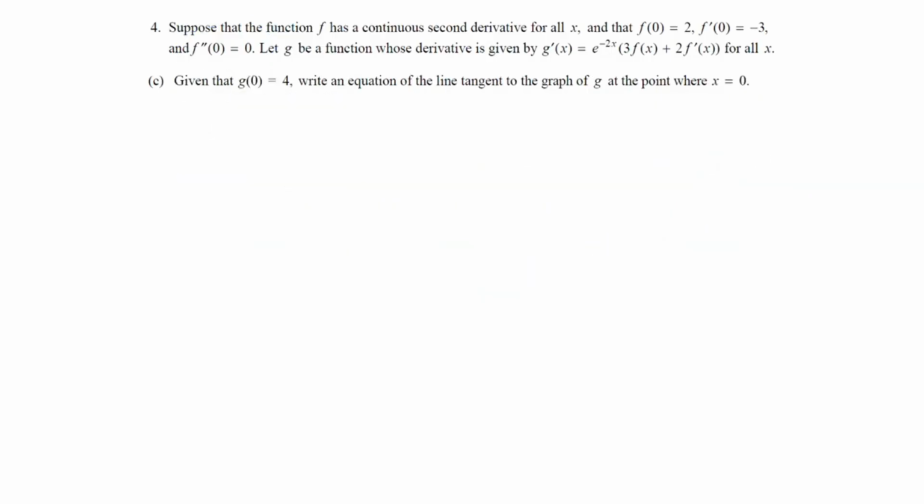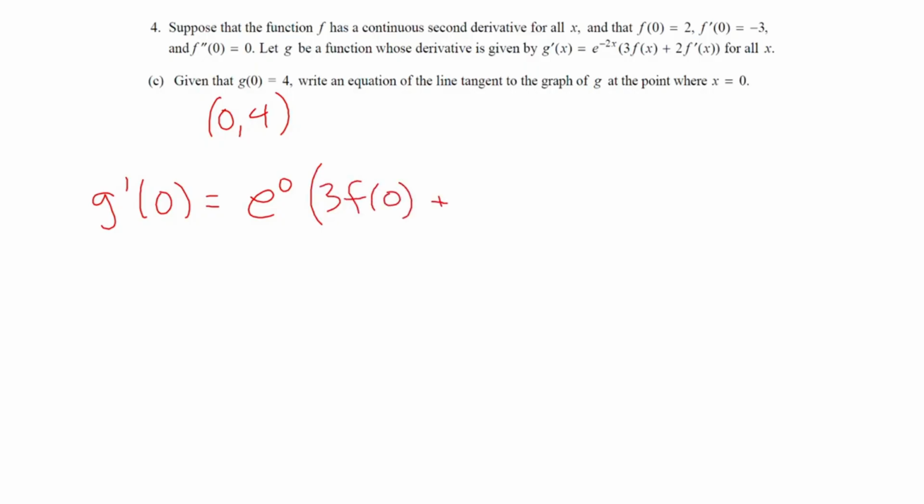In part C, it says, given that g of 0 is 4, write an equation of the tangent line to g at 0. Well, we're going to use the point (0, 4), and we just need to find g prime of 0. Well, we're given g prime. It's e to the -2x times 3f of x plus 2f prime of x, so that'll be e to the 0, times 3f of 0 plus 2f prime of 0. E to the 0 is just 1, and f of 0 is given to us as 2, so 3 times 2 is 6.